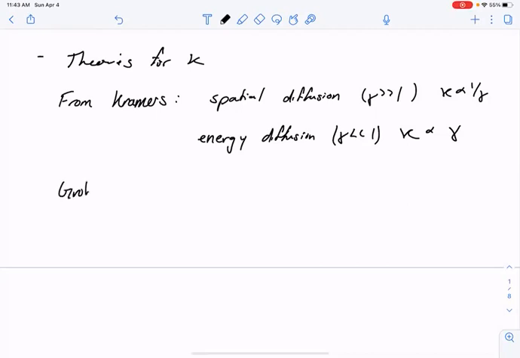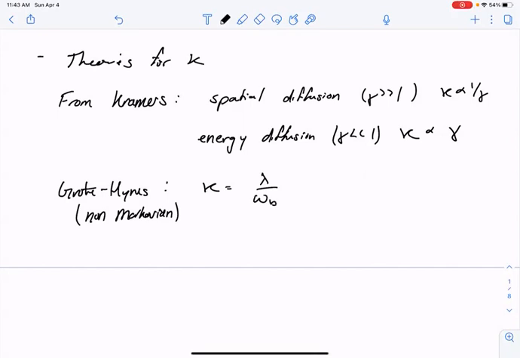A non-Markovian theory for the dynamics at the top of the barrier comes from Grote and Hynes, in which case kappa turns out to go like a ratio of the frequency at the top of the barrier in the denominator of a ratio that depends on the so-called Grote-Hynes frequency, which is essentially the resonance frequency for which the bath memory kernel can most effectively act on the system evolving at the top of the barrier in order to commit it to the B basin.